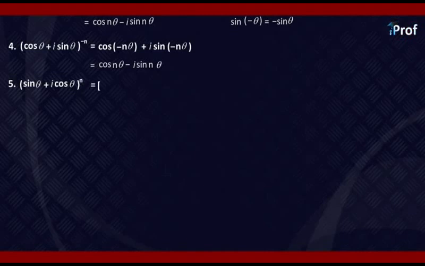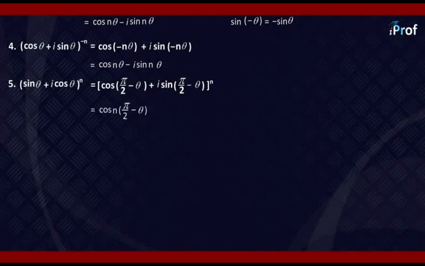Therefore it becomes (cos of (pi by 2 minus theta) + i sine of (pi by 2 minus theta))^n. Now we can use De Moivre's theorem. It becomes cos of n times (pi by 2 minus theta) + i sine of n times (pi by 2 minus theta). Thus states the formula.